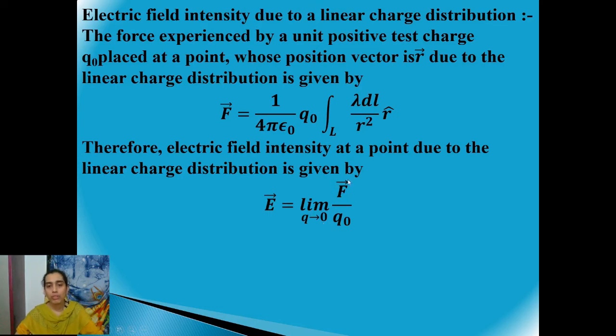Now by substituting the value of vector F from the above equation, we can write vector E as 1 over 4 pi epsilon naught, line integral of lambda dl divided by r square into r cap. When we substitute the value of vector F here, the q naught in the numerator gets cancelled by the denominator q naught. So the remaining term is the expression for electric field intensity due to a linear charge distribution.